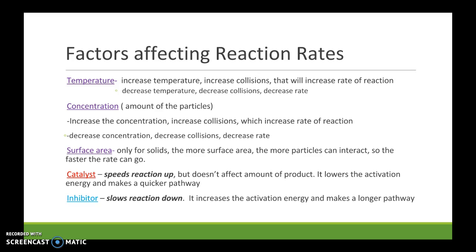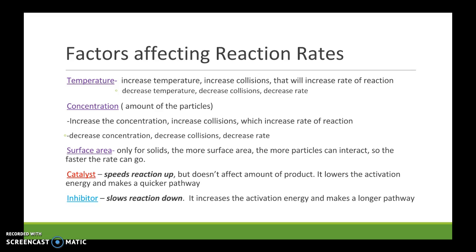By having more collisions, you're going to have a faster rate. Now the opposite: if I decrease the amount of particles, I'm going to decrease the concentration. That will lead to less collisions, and less collisions will lead to a slower rate, or a decrease in the reaction rate.